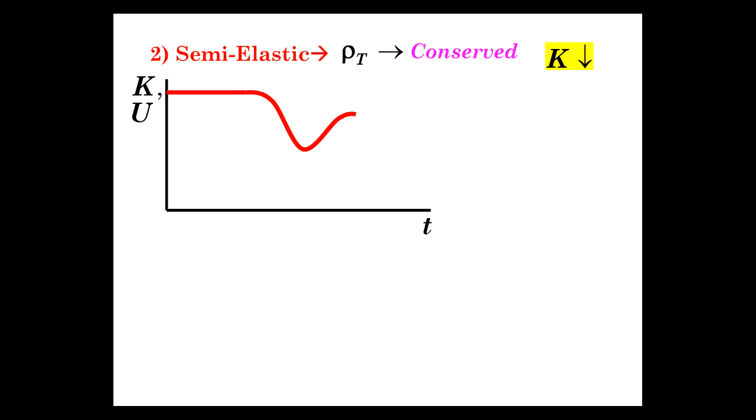And where was that energy? We'll look at that in a second. So this is the net result after the collision. It's less. We have less kinetic energy than we did before.